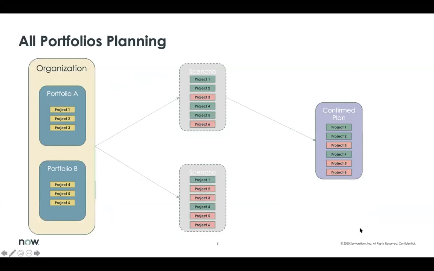So what we've done is we've given users the ability to merge the two things together and look at the whole thing holistically. And basically, when you go through scenarios and select which one you would like to work on and confirm that work, that would be a unified confirmed plan that will be kept for the entire organization.